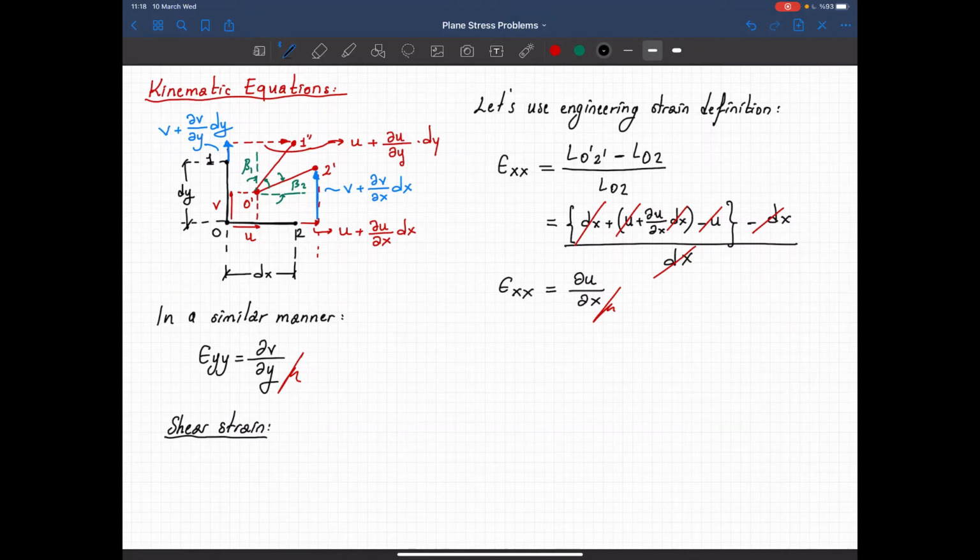So the shear strain is, by definition, the amount of change from right angle. And we can show it by gamma xy.